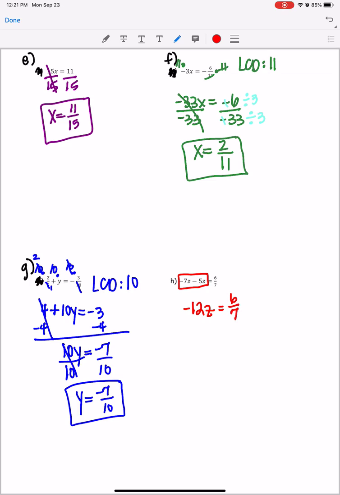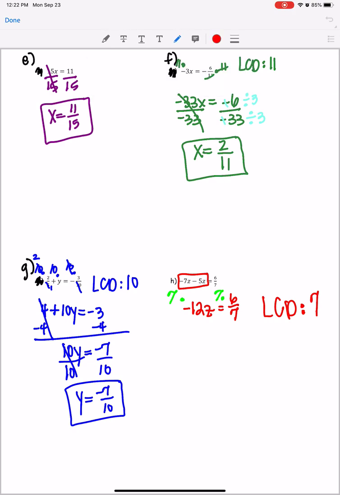So now my LCD, you only have one fraction, that's 6 over 7, so your LCD has to be that denominator. So multiply everything by that denominator. So I'm going to multiply this by 7 and this by 7. You only have 2 terms.